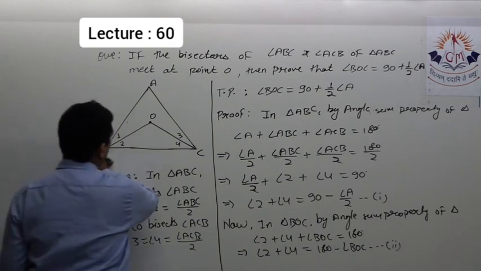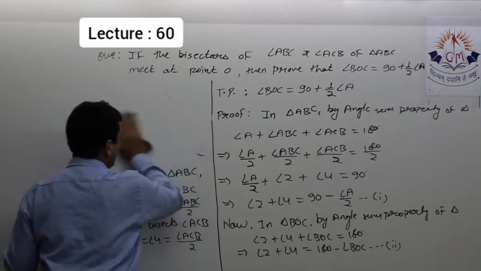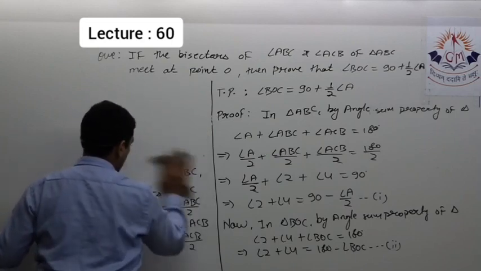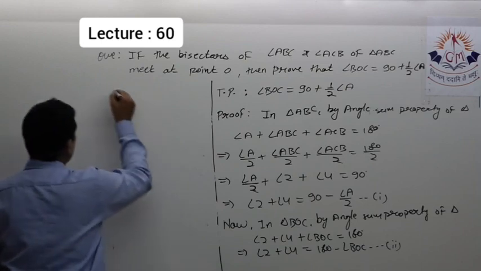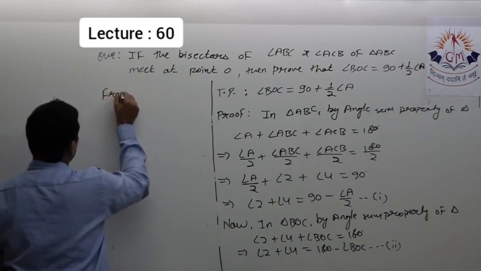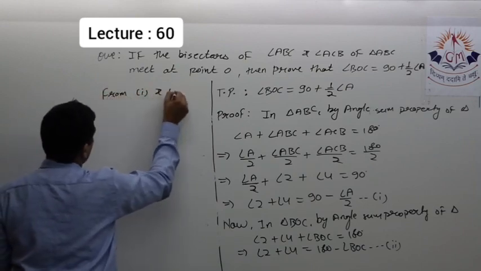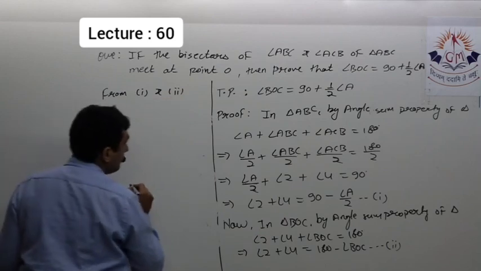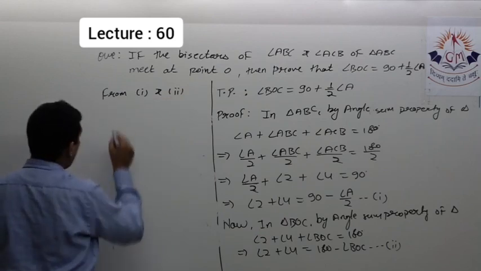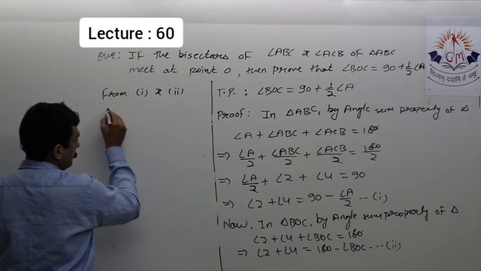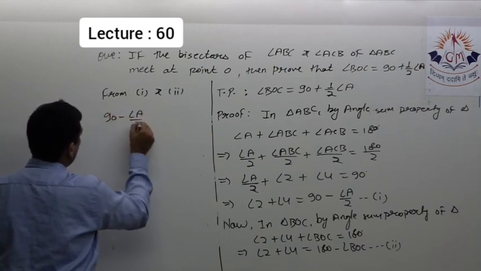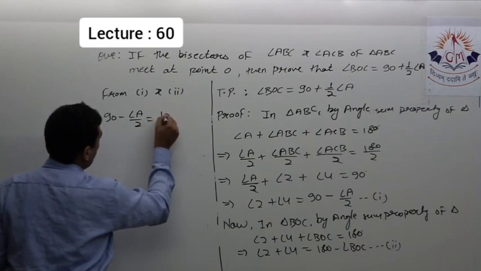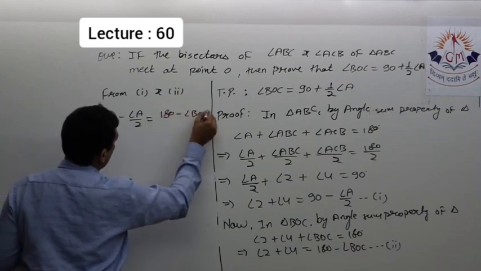Okay, so let us see how to solve it further. From first and second I can write 90 minus A by 2 is equal to 180 minus angle BOC.